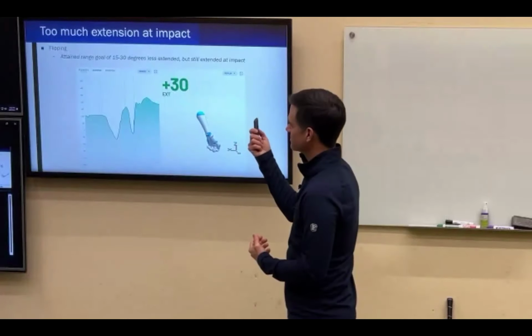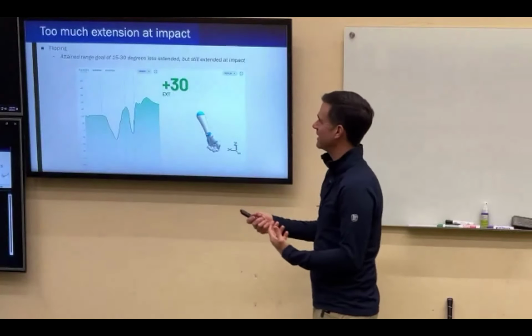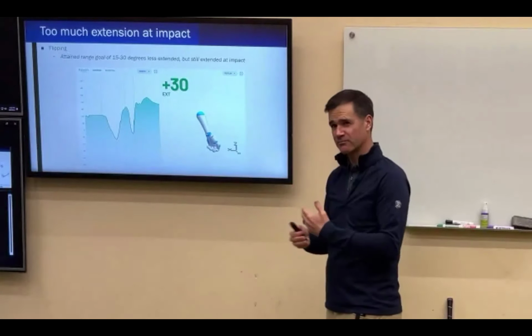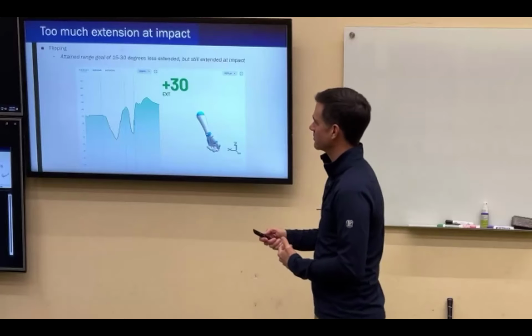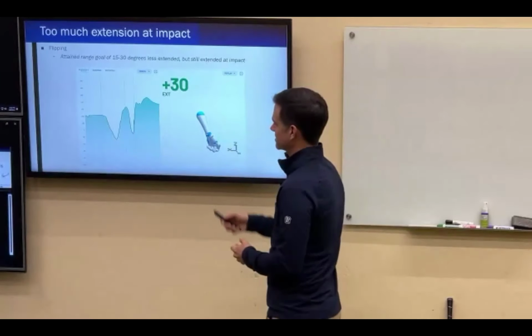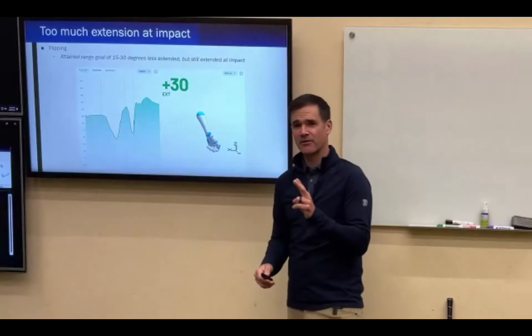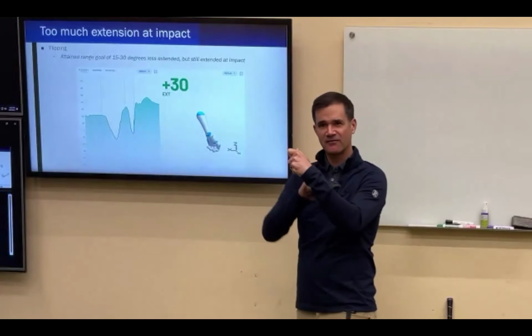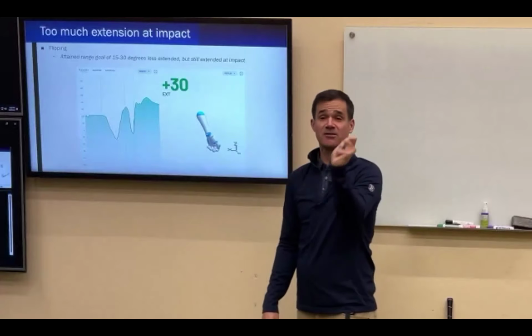Now, too much extension at impact, which we call flipping, could come from two different scenarios. In this case, the first scenario would be you got into enough flexion at some point in the downswing, but then you just lost it.